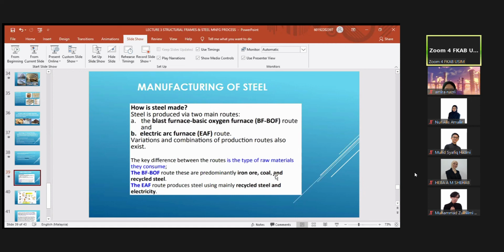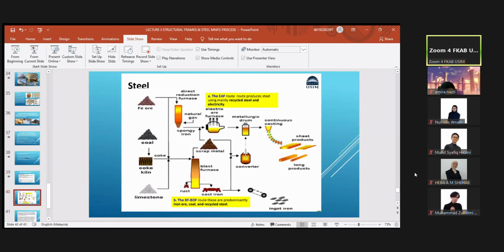Not only iron ore and coal, but limestone also, I think. Then they create coke, small pieces, and they blast it in the BOF and EAF, then it becomes molten and turns into a solid form of steel.